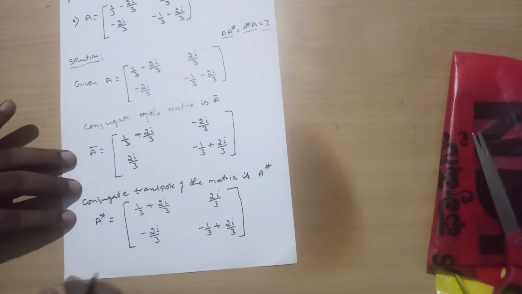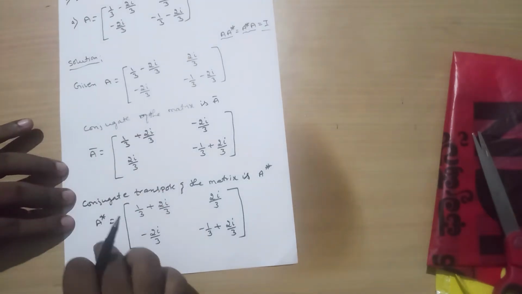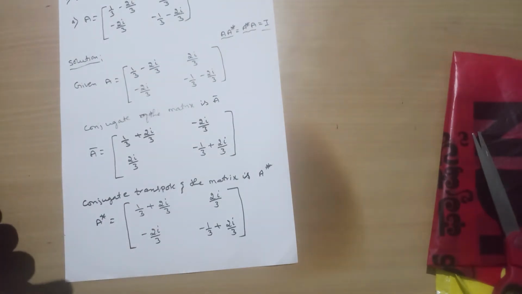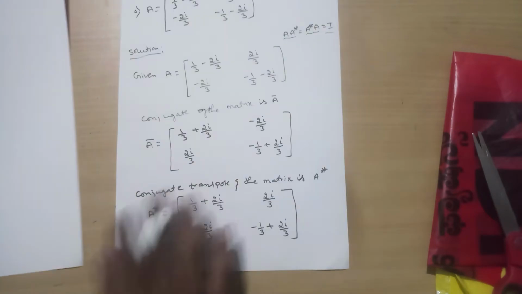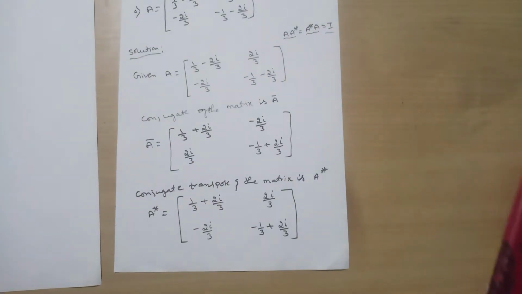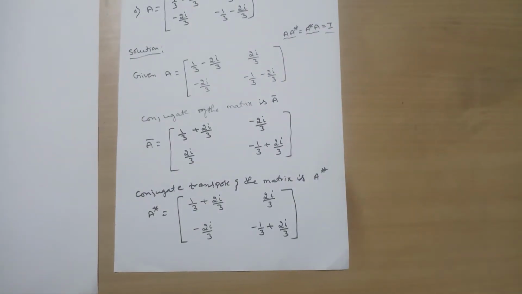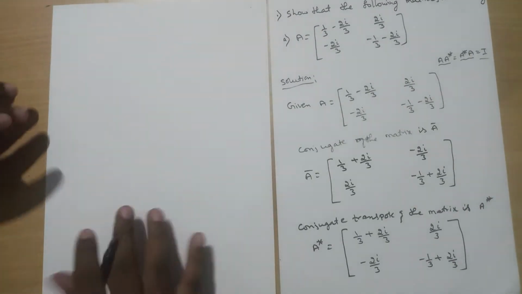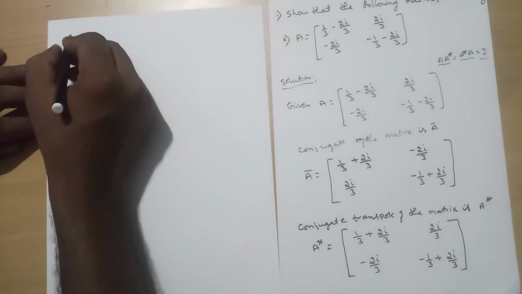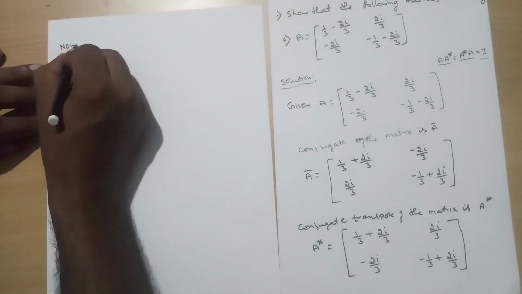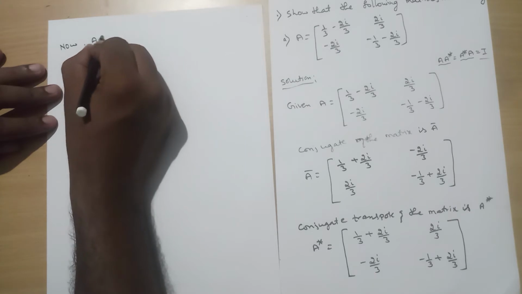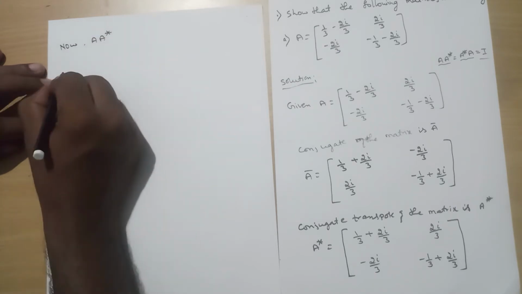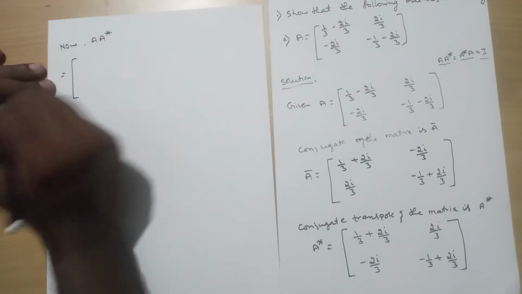Okay, now you have to multiply these two, A into A star. So matrix na multiplication ಮಾಡಿದ್ರೆ identity matrix ಬರುತ್ತೆ. Okay, so now here A into A star. So what is A matrix?